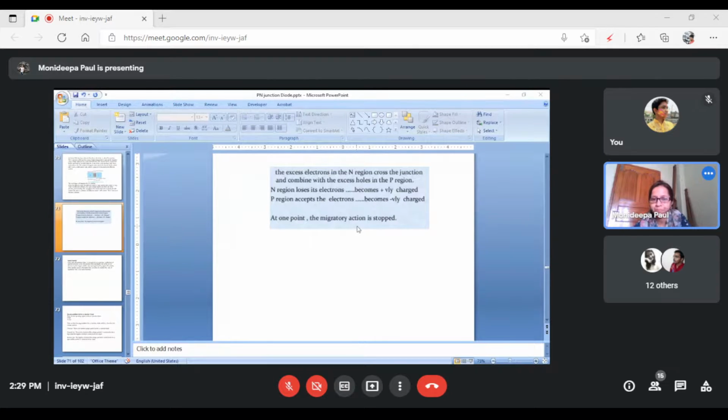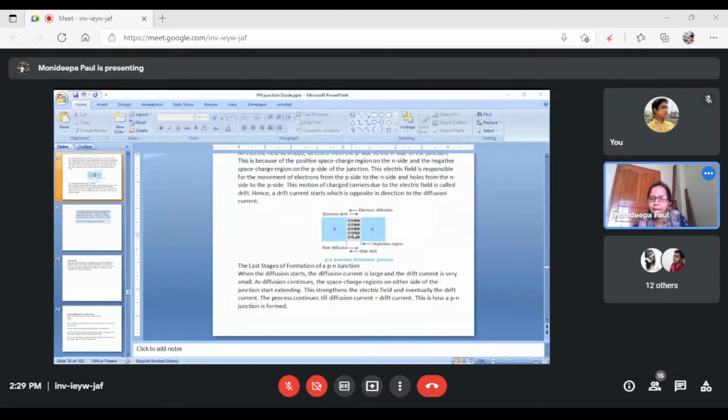That means first diffusion current starts on both sides, then drift current starts on both sides, then a time is reached when diffusion current is equal to drift current.